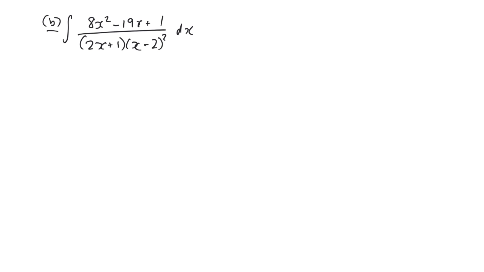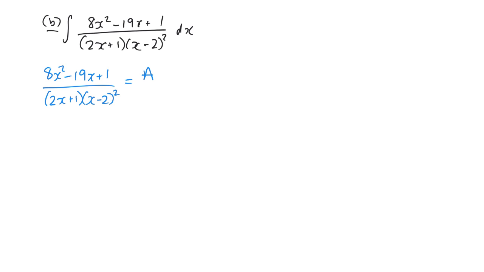Part B, then, we're integrating (8x squared minus 19x plus 1) over (2x plus 1)(x minus 2) squared. So, partial fractions then. This is the one with the repeated factor.